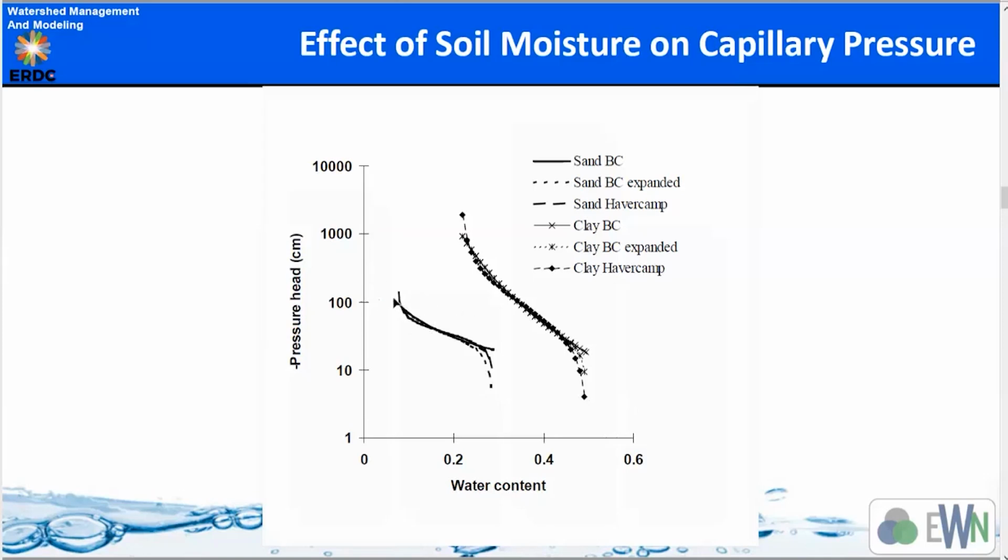I mean, when I say high, I mean very low, because these are negative pressures. This would be like a sand. Looser soils can't get as low a pressure as a tight soil, like a clay. These are clay curves, and they're two orders of magnitude higher in negative pressure.